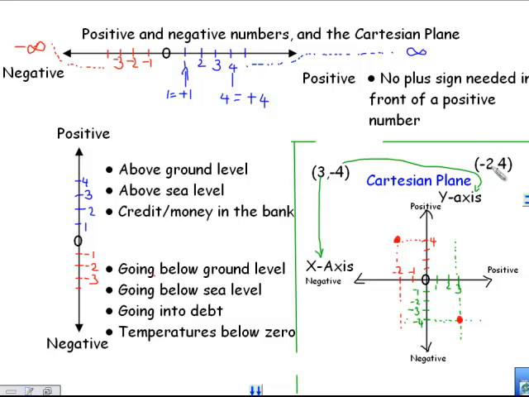So that coordinate pair lives on this Cartesian plane at that red dot. Now there's just one exception you need to remember, and this is where these two lines meet each other. The coordinate pair is 0, 0, because x has to be 0 at the same time that y has to be 0.